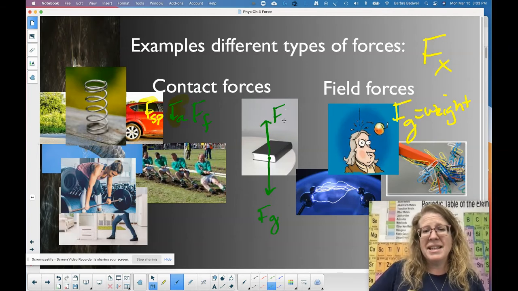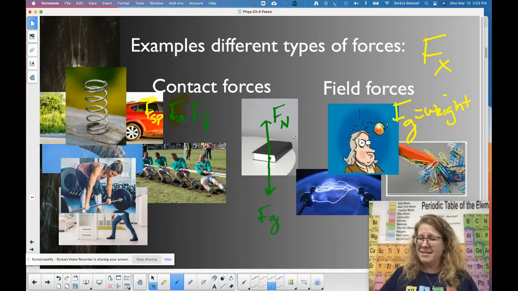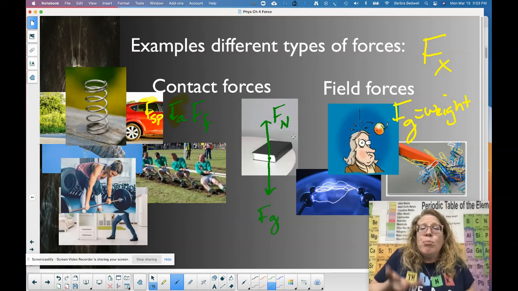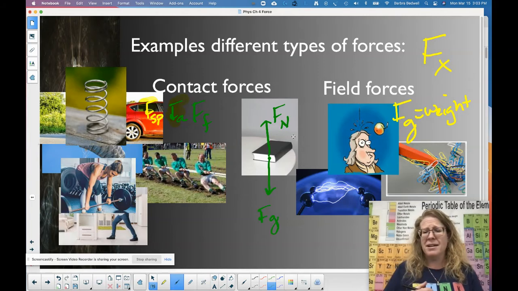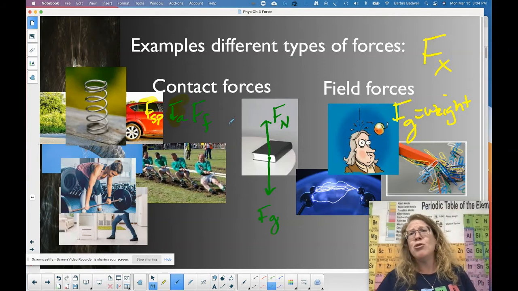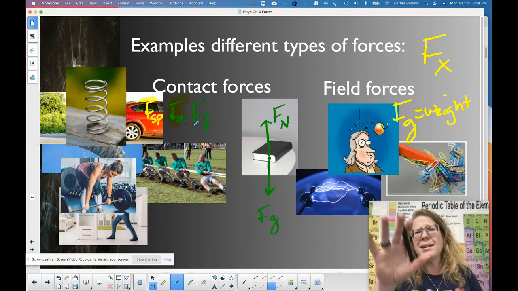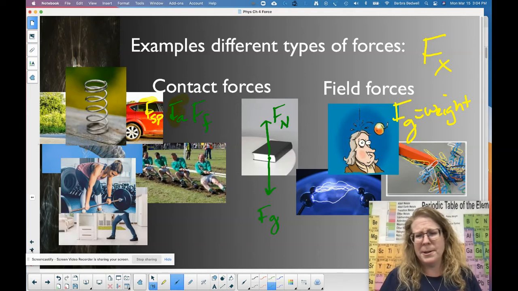In the United States, it's actually abbreviated as FN. It is called the normal force. Just like you think, not abnormal, it's the normal force. It's the upward force of objects, on objects, I guess, fighting against the force of gravity. And I'll talk a little bit more about this later on. So FN, normal force, the forces of things on surfaces. We'll get into more of it in a minute. I just wanted to point out what it was.